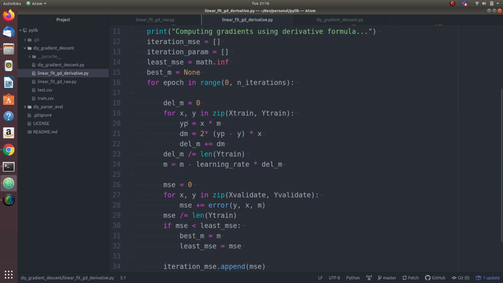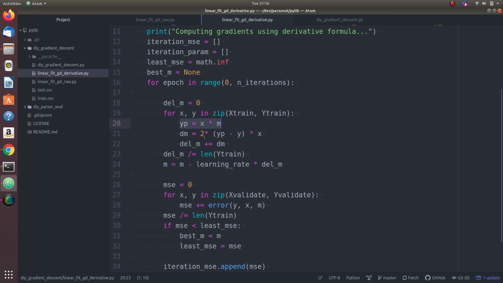That's what we are actually doing here. We look at the derivative of the error function with respect to m, and so instead of calculating the error function twice, we directly look at the derivative. We can use the properties of derivatives to reduce the duplicate computations, and that's how machine learning frameworks work.